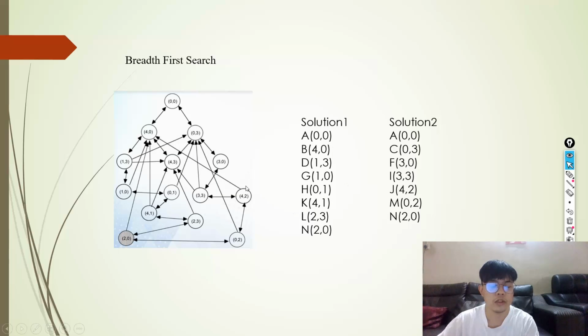From the question given, there are two solutions, from (0, 0) until the result (2, 0). The first solution I would like to talk about: we start from, of course, A (0, 0), then we go to (0, 4), which means the Y bucket is filled up and the X bucket is not filled.